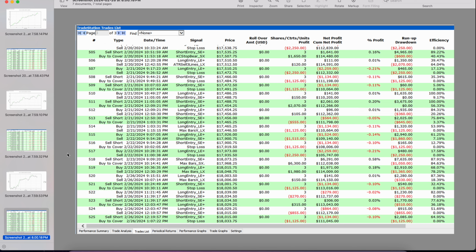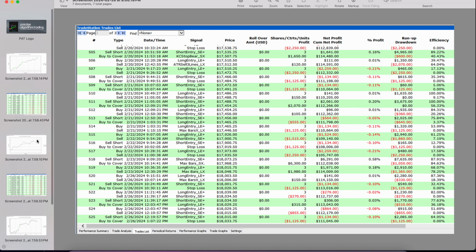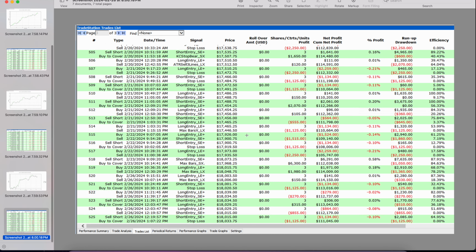But the good news is now that my system's back up and running better, I can do a little bit more. I got some new ideas and implementations to put in, and I'm trying to make these systems simpler. The simpler they are, the better they fire, the better they trade on their own, and that's really what I'm looking for.